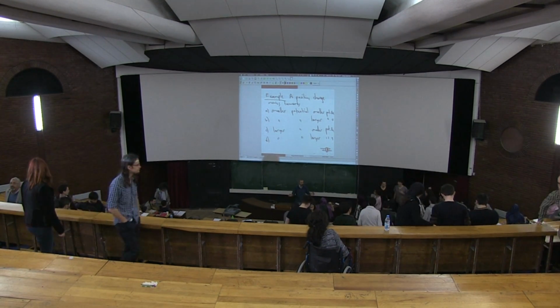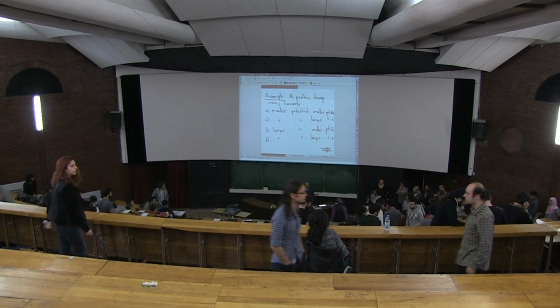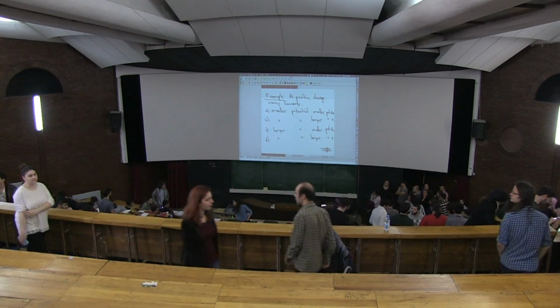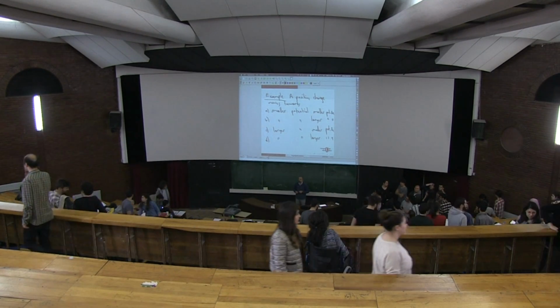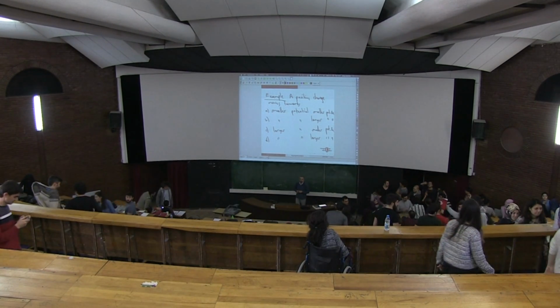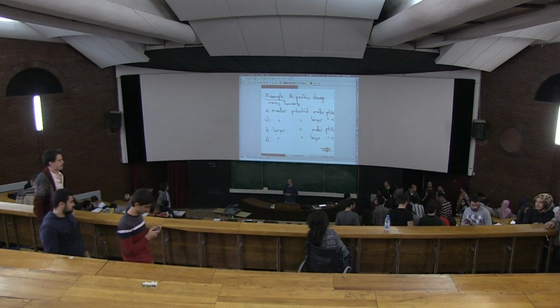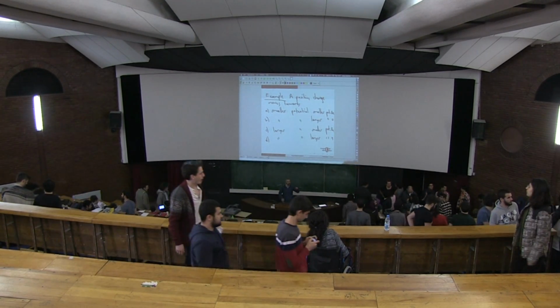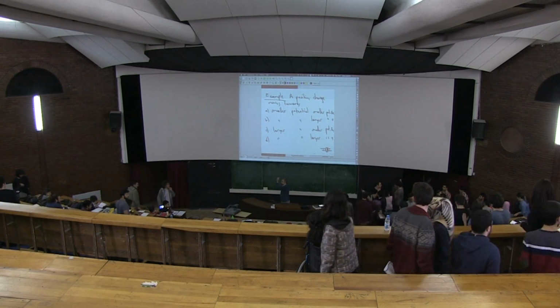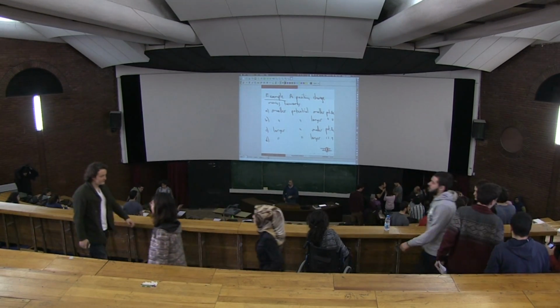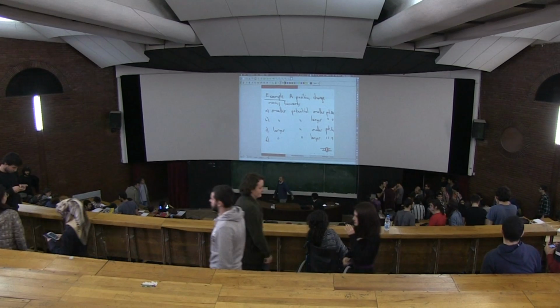I don't care about whether the speed is constant or not. I only want to know the direction of its acceleration. A, B, C, and D. A is over here.